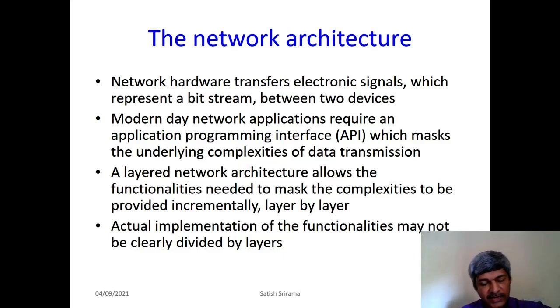So the data you are sending, these electronic signals or bit streams, are put in terms of packets and sent across these devices. Modern day network applications require APIs which mask all these underlying complexities of data transmission. If you are sending data from point A to point B, you are actually sending these packets, but you will not see all the complexity.